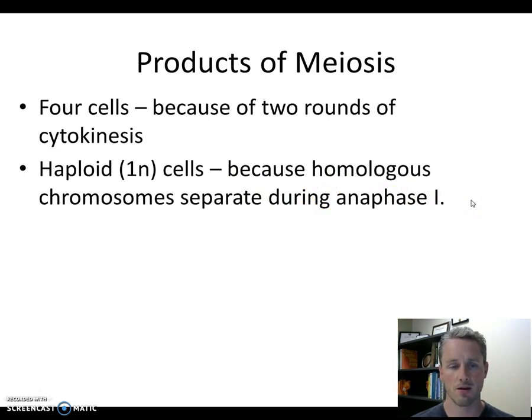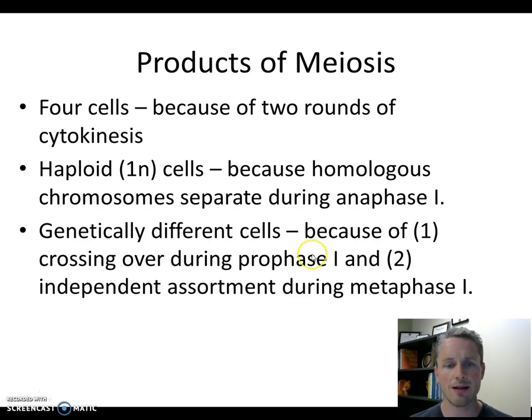All right, what's the other difference that we had for a product of meiosis is that we made these genetically different cells. And there are 2 reasons that our cells at the end of meiosis are different from one another. The first reason is that crossing over occurred during prophase 1.